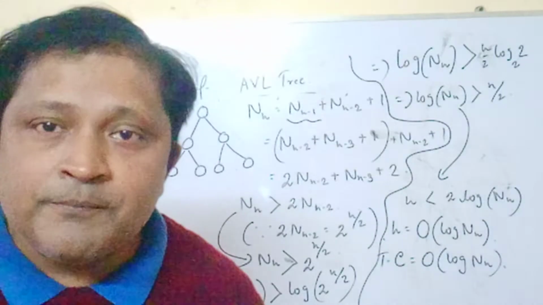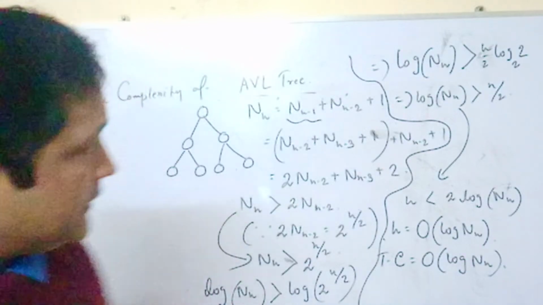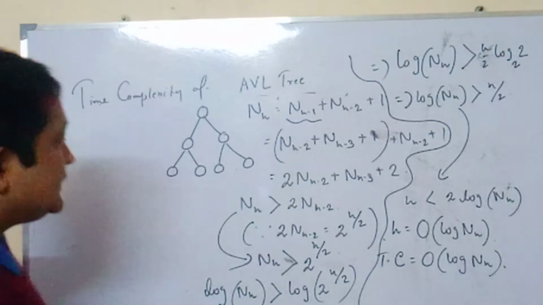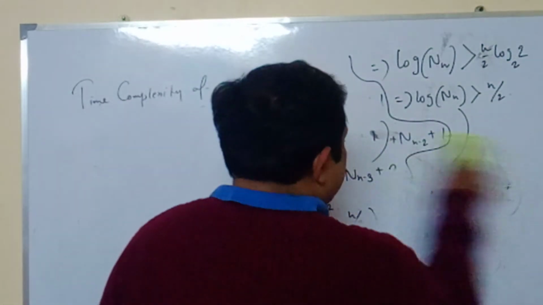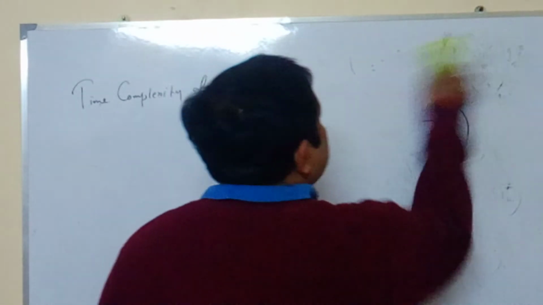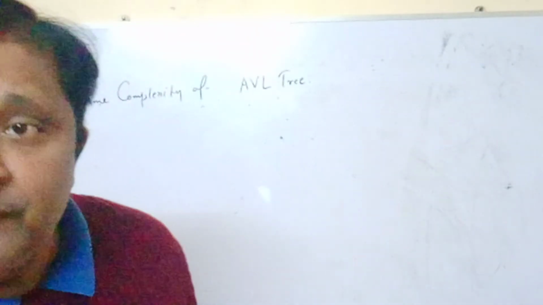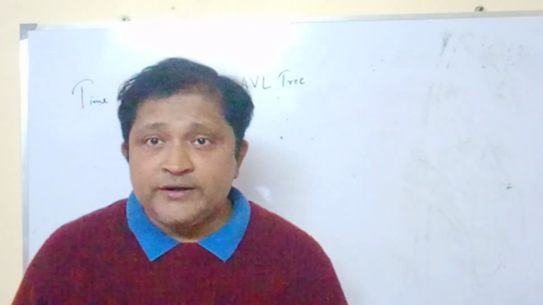Now, the time complexity of an AVL tree is order of log n. Now suppose I consider the worst case of a binary search tree, an unbalanced binary search tree where the elements are in ascending or descending order.